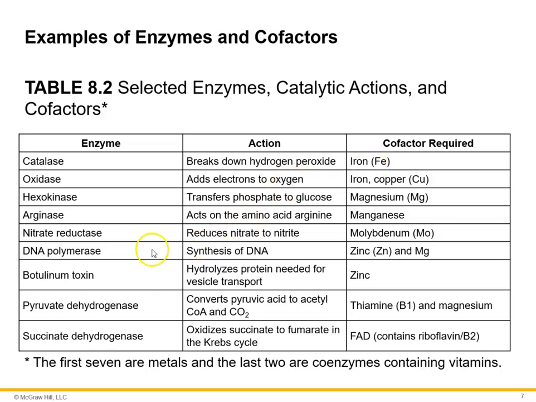Other examples: DNA polymerase catalyzes the synthesis of DNA. Cofactors required are zinc and magnesium. And then you've got a couple of dehydrogenase enzymes down here that require vitamins as the coenzymes.